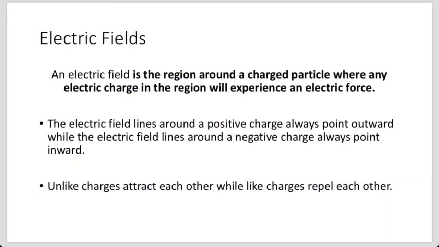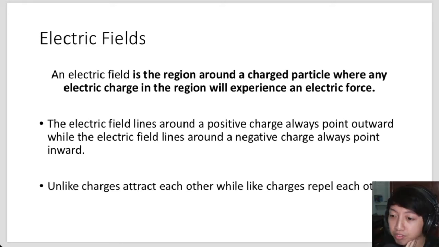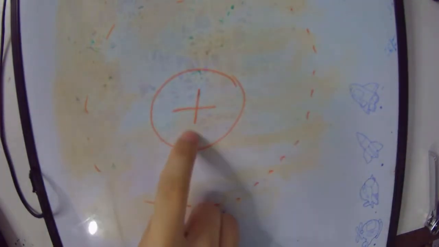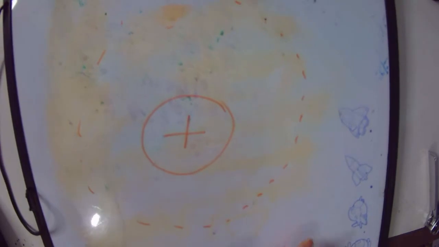So the electric field lines around a positive charge always point outward, while the electric field lines around a negative charge always point inward. The way it works is, if we go back to the charge, we have this charged particle and it has the electric field around it.